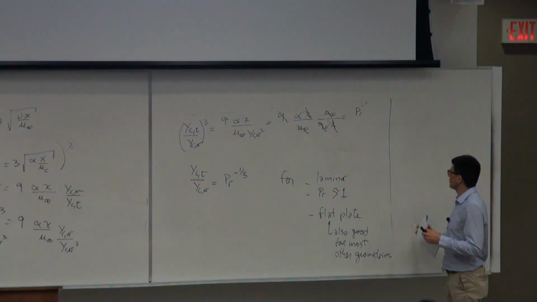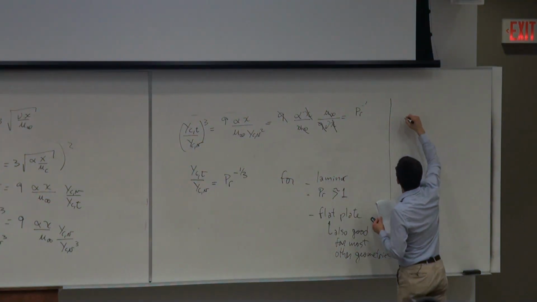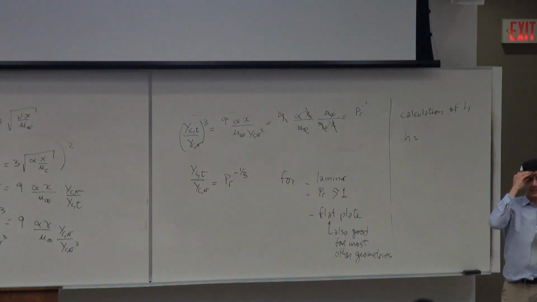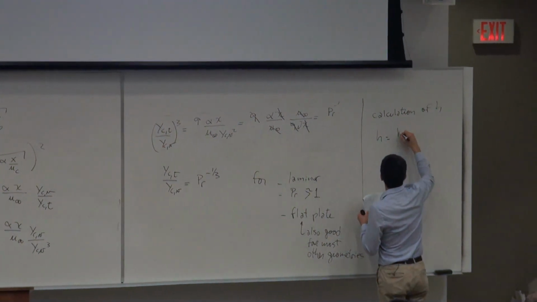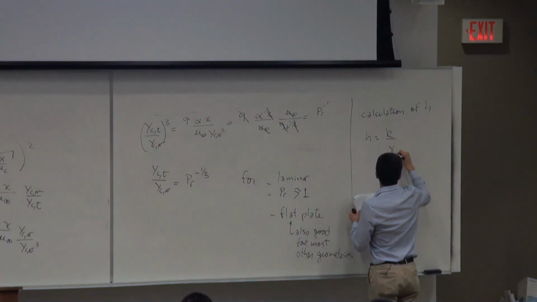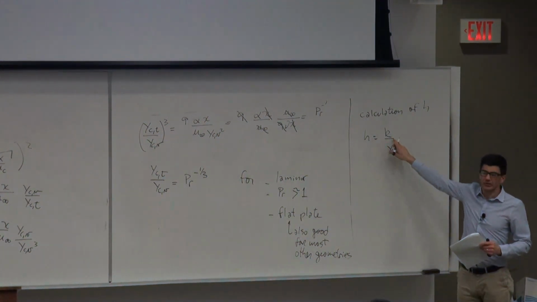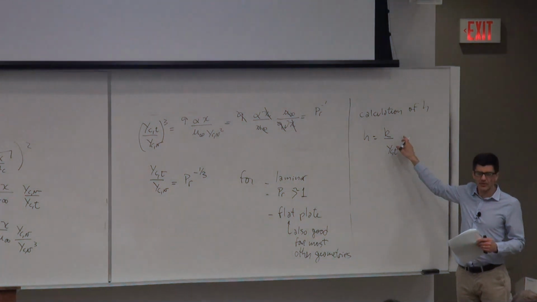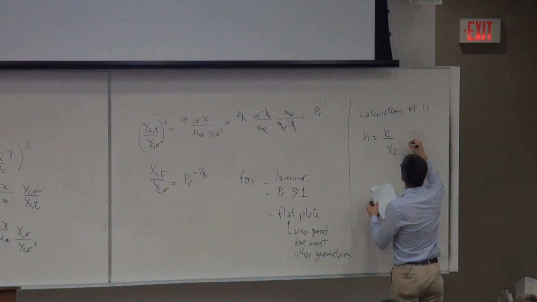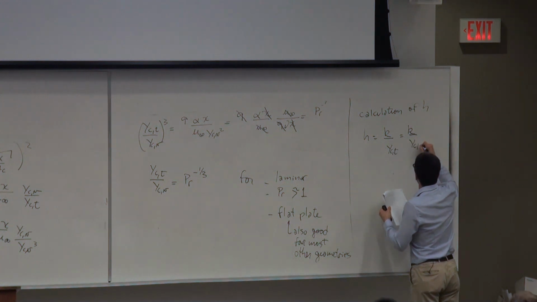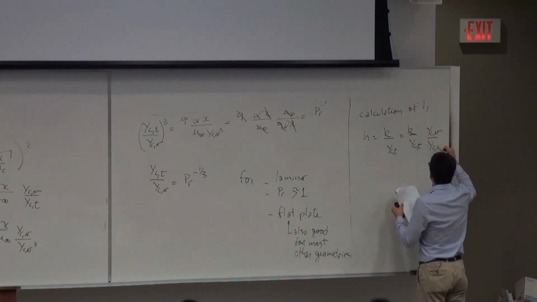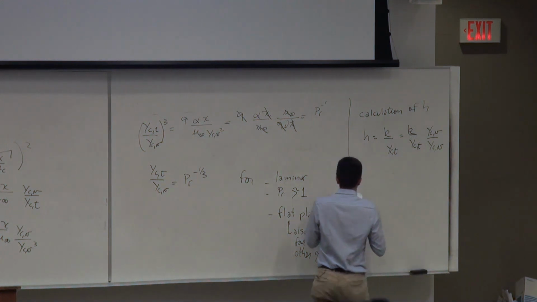If I have the thickness of the boundary layer, how can I calculate H? You'll be telling this to me on Friday, by the way. K over delta T, right? Is conduction through a thermal boundary layer. I'm going to multiply and divide by delta V. And what do we get?